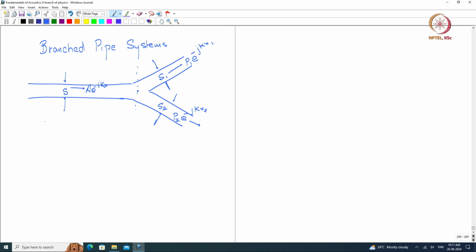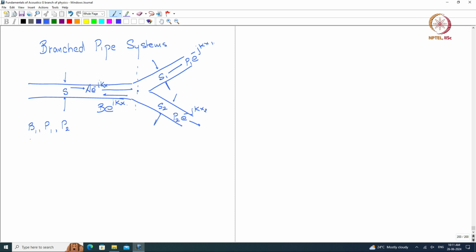Because A is incident on a junction, there will be an impedance change, so there is a reflection. That reflection is B e to the power of jk x. So there are three unknowns. B is an unknown, P1 is an unknown, P2 is an unknown.